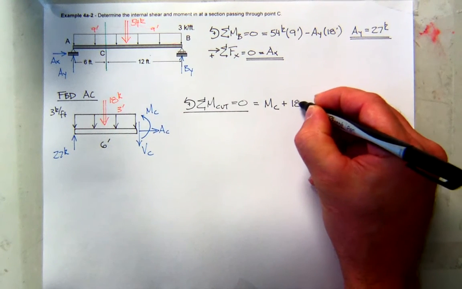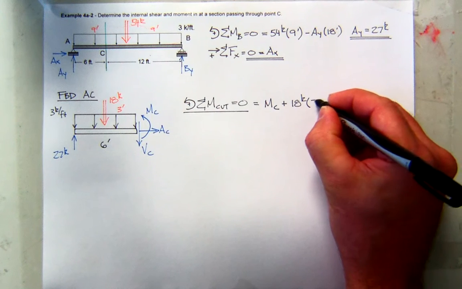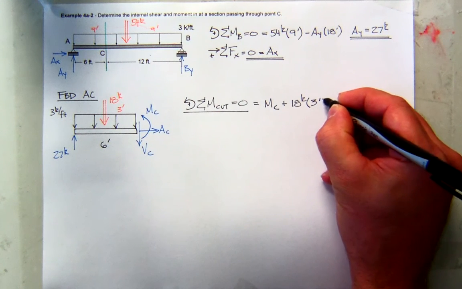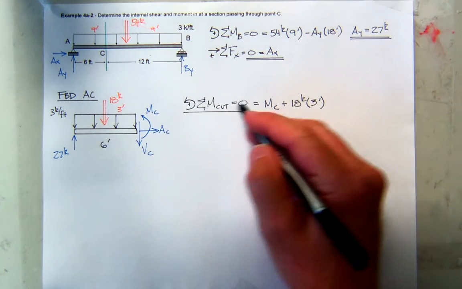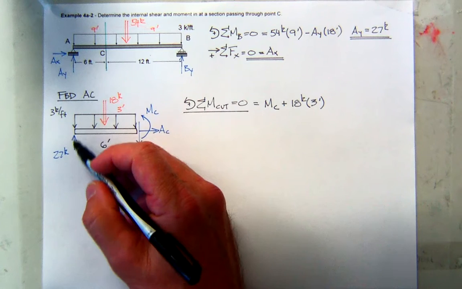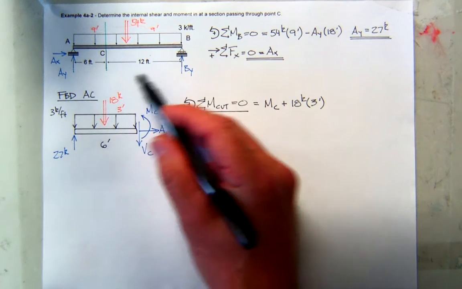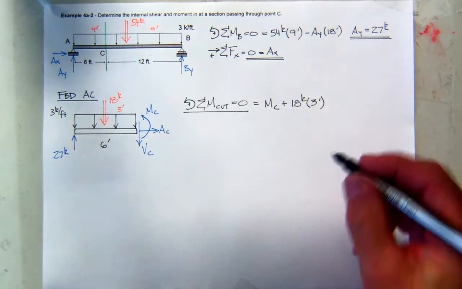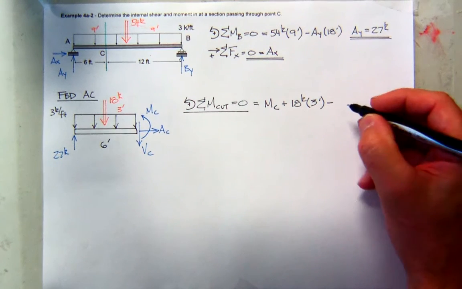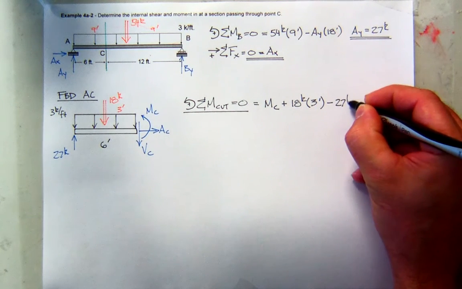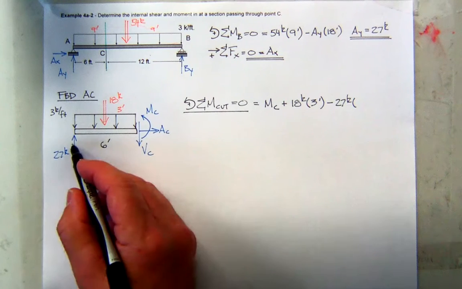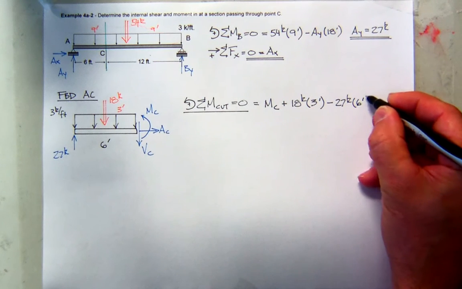The force is 18 kips, and the moment arm is 3 feet. Then way out here on the end is my reaction force. About the point C, it's going to go clockwise, so that's going to be a negative moment. And it has a magnitude of 27 kips and a distance of, looks like 6 feet.